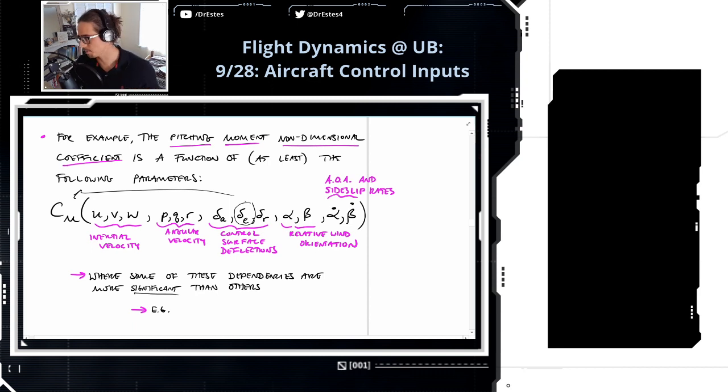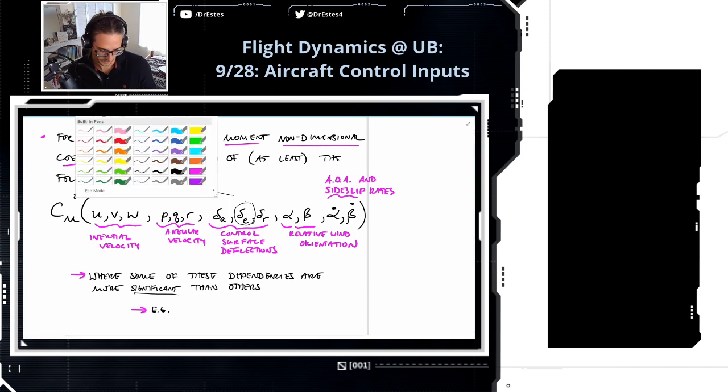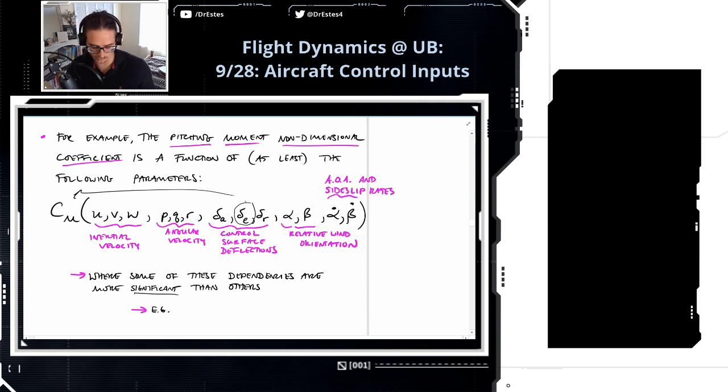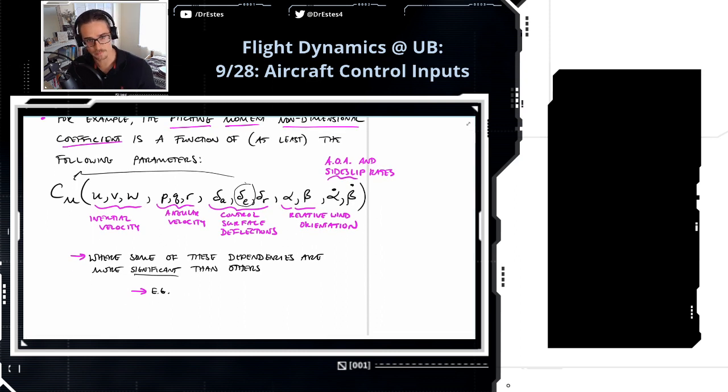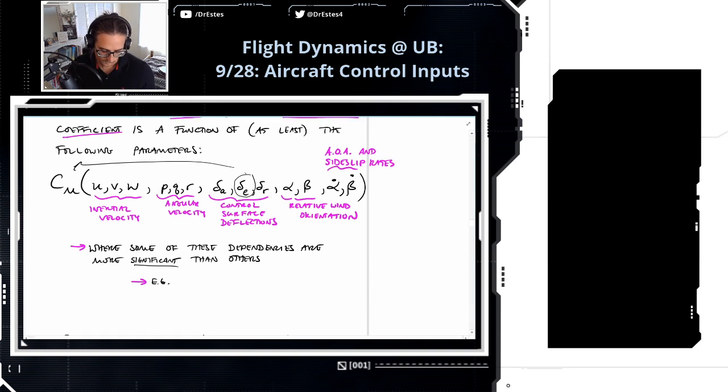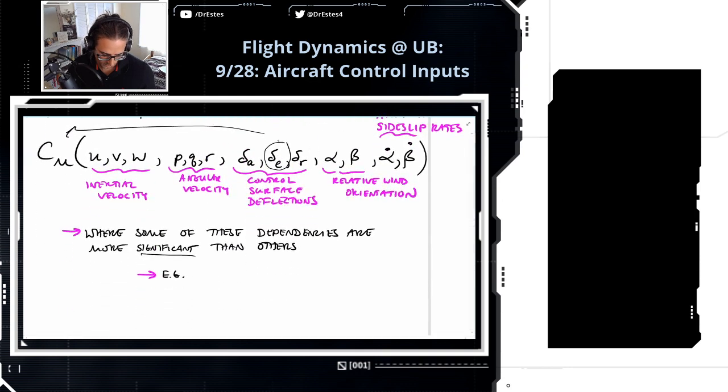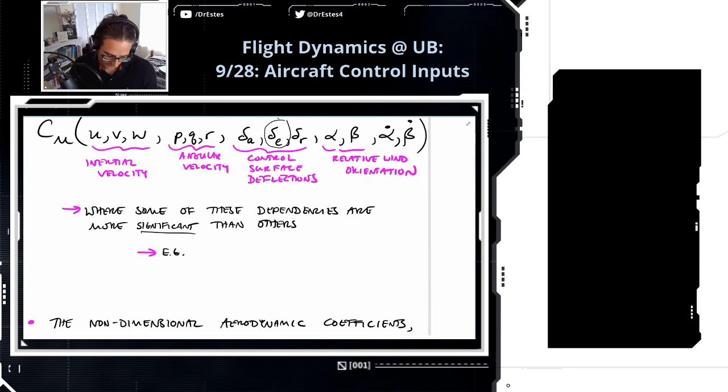So here's a good example. If you think about the pitching of an aircraft, this is mainly controlled with the elevator deflection at the tail. Okay, we're given an example.